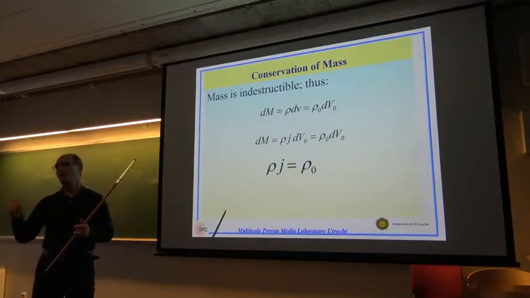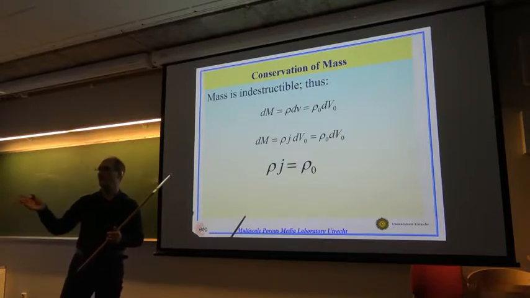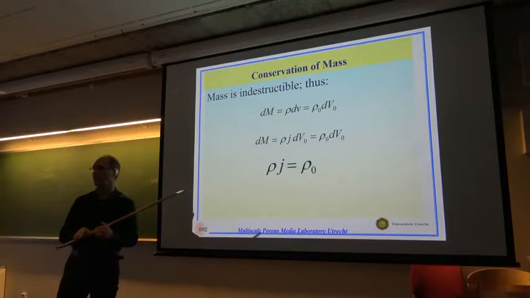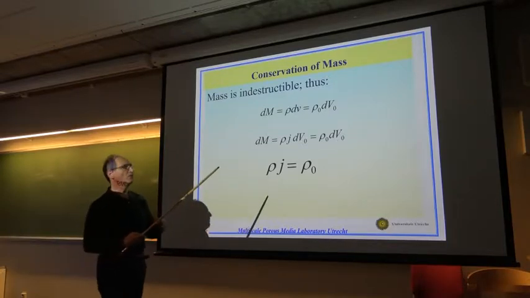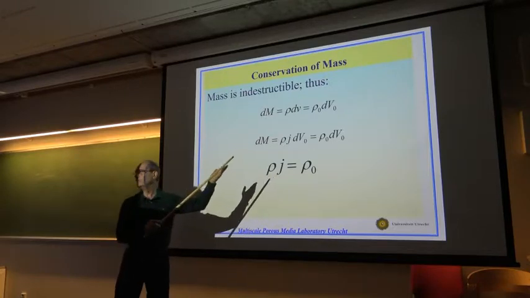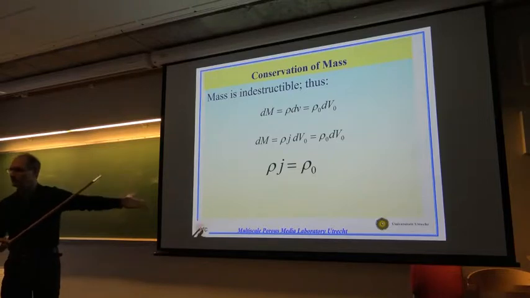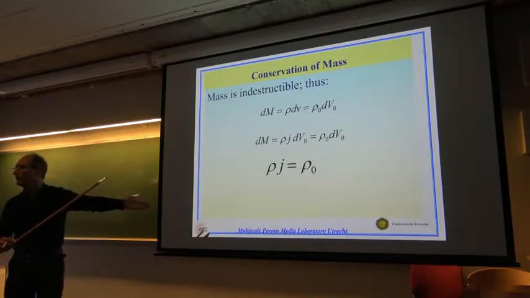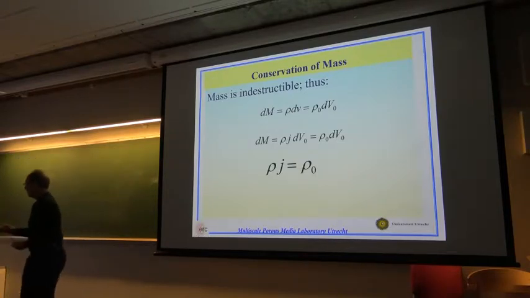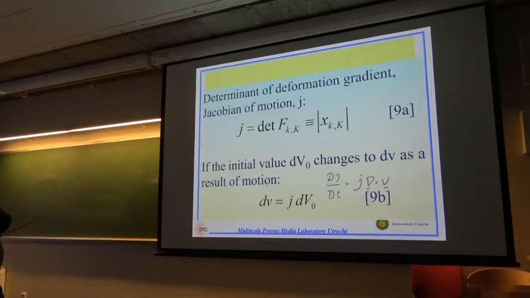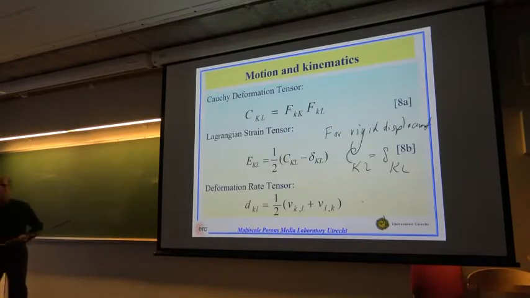Because in general, if you rotate an object, the tensor is not symmetric. Exactly, it's not. But by taking the symmetric combination, you get rid of that problem. One reason we like to work with these symmetric tensors, strain and deformation rate tensor, is that we take the velocity gradient and make it symmetric.